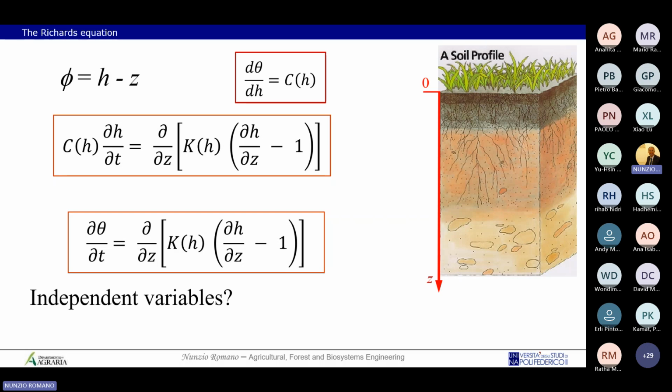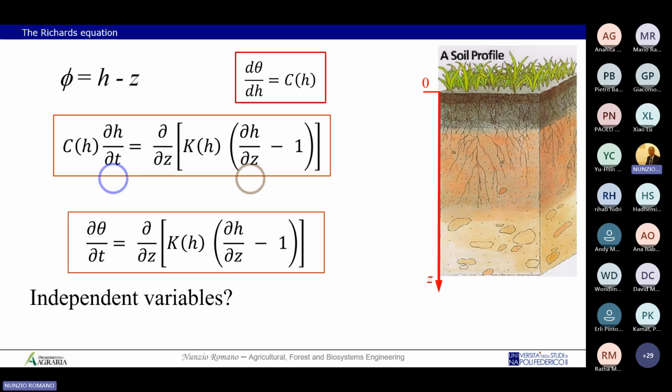But again, I want to spend time with you. It's important to understand the physical meaning. This is what I am more interested in at this moment, to understand the physical meaning of the Richards equation. We have independent variables.